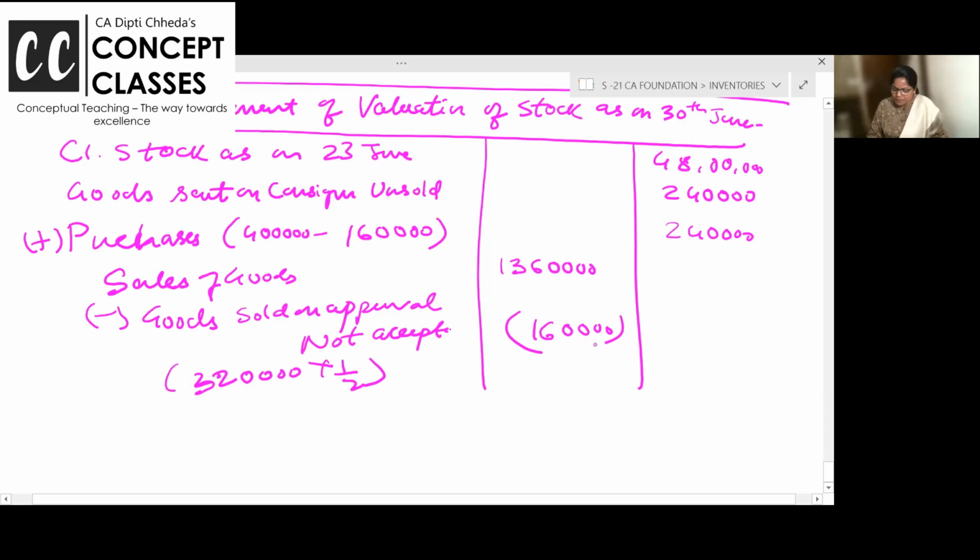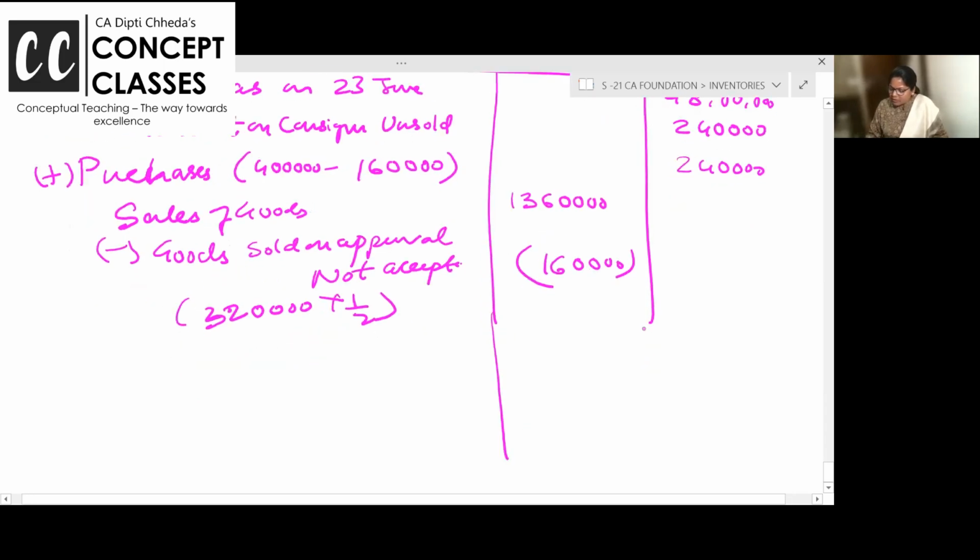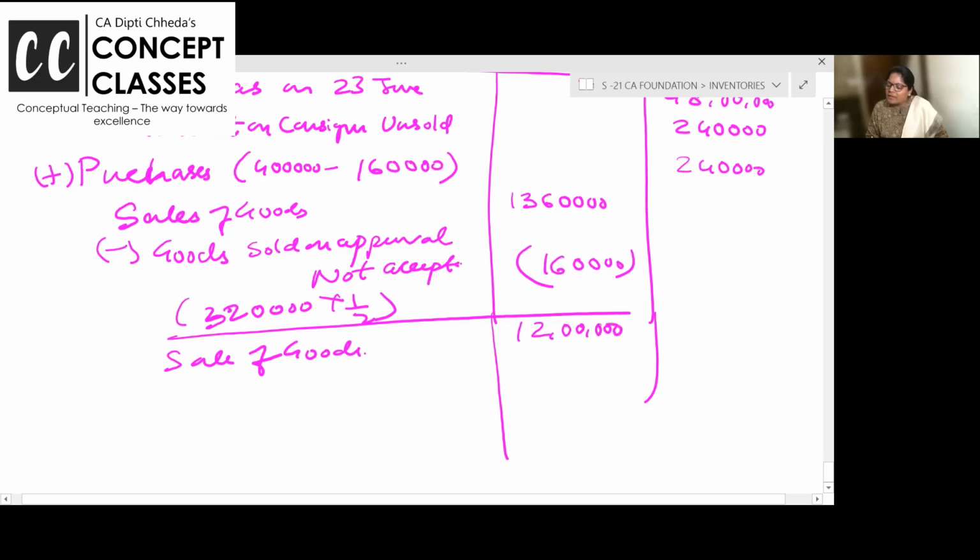Remove it. Whatever sale was not accepted, it's not a part of the sale. So what is the sale between this period? 12 lakh.